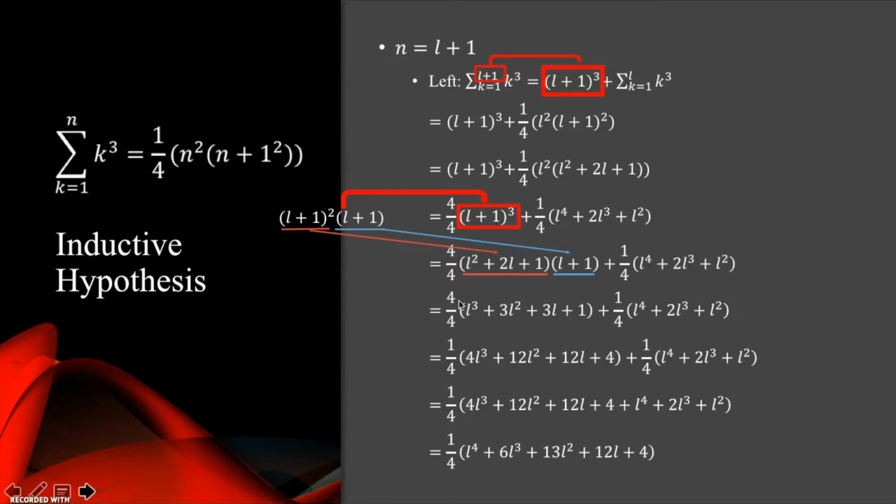So now what I did next is to drag the 4 into the parentheses. So each term in the parentheses has to be multiplied by 4. And this is how I get this step. What I'm doing right now is to factor out this 1/4 and this 1/4, and then add all the items in these two parentheses together, and this is what I get in the end.